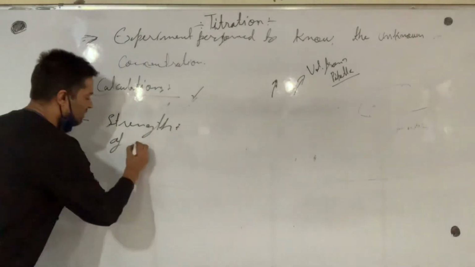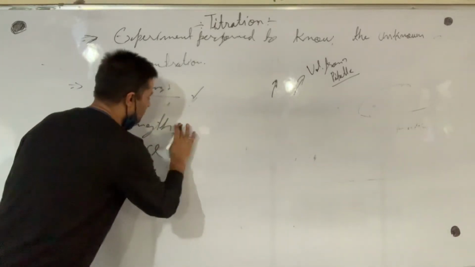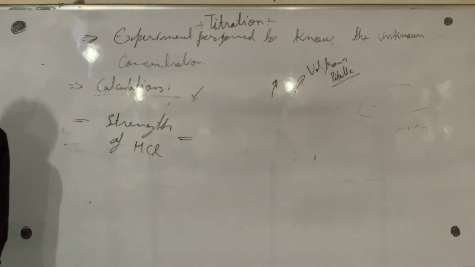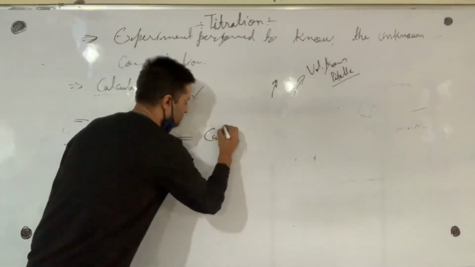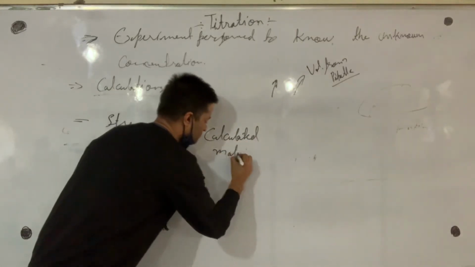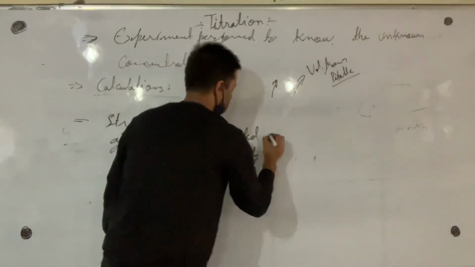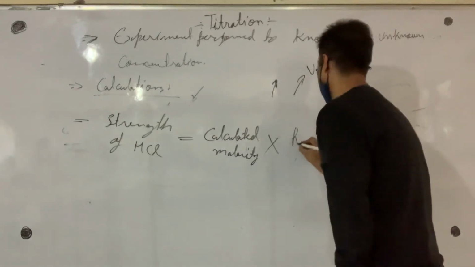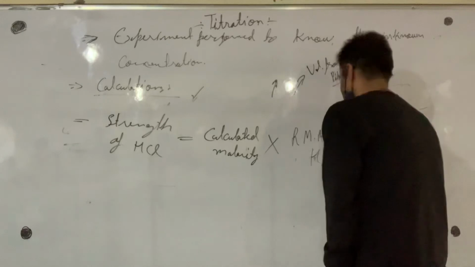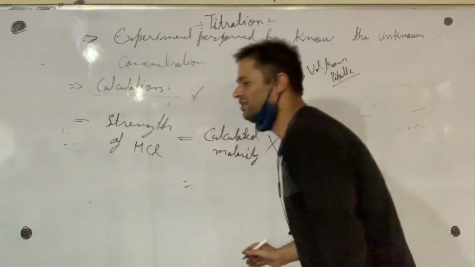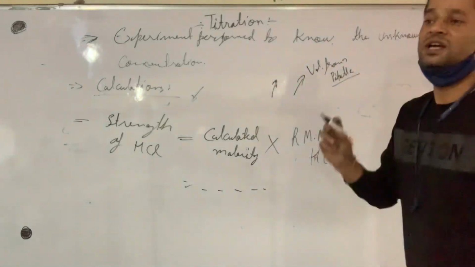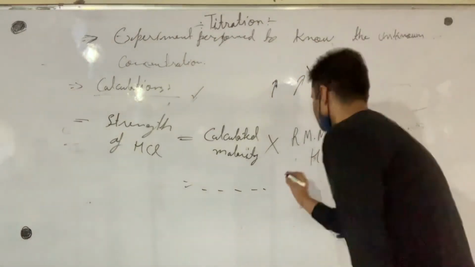Strength of HCl will be equal to calculated molarity into relative molecular mass of HCl, and whatever answer you have, write it down, and the unit will be gram per liter.